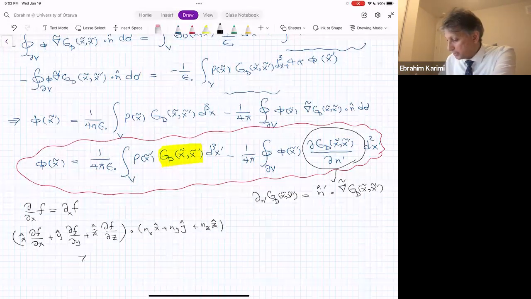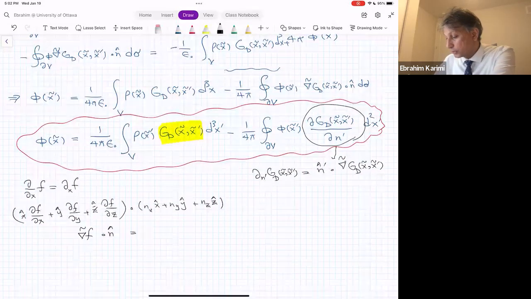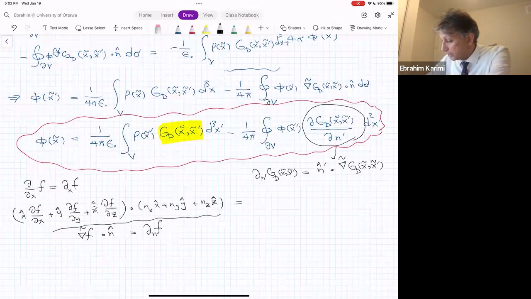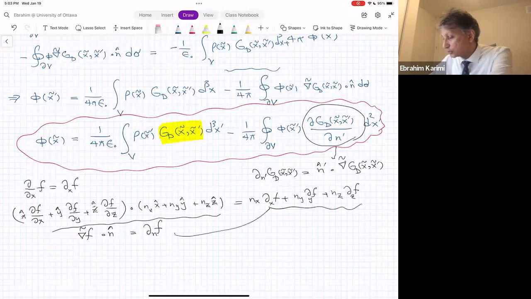This is essentially gradient of f dot n. We just write it as derivative of n of f, which means nx derivative with respect to x of f, ny derivative with respect to y of f, and nz derivative with respect to z of f. The entirety of these things, we call directional derivative.